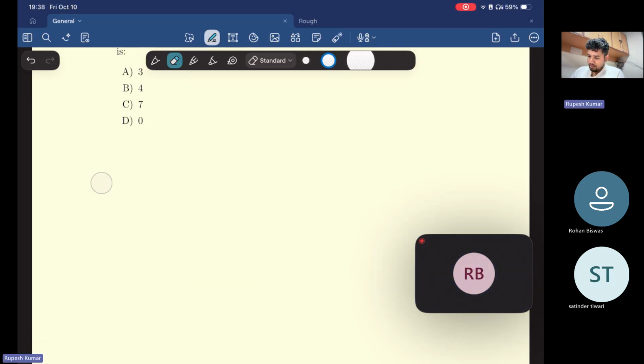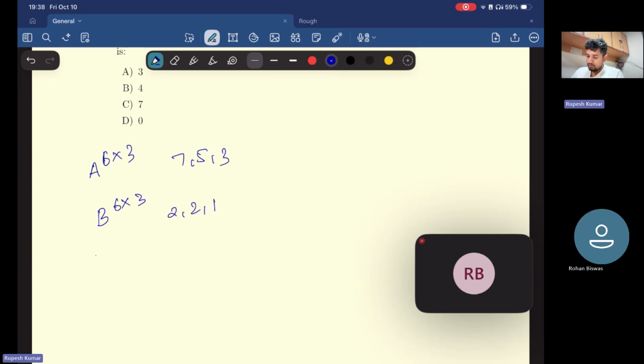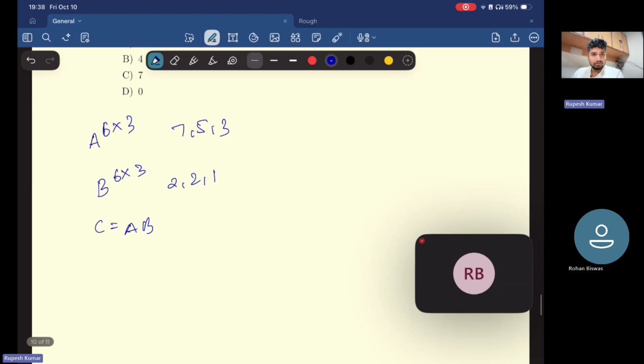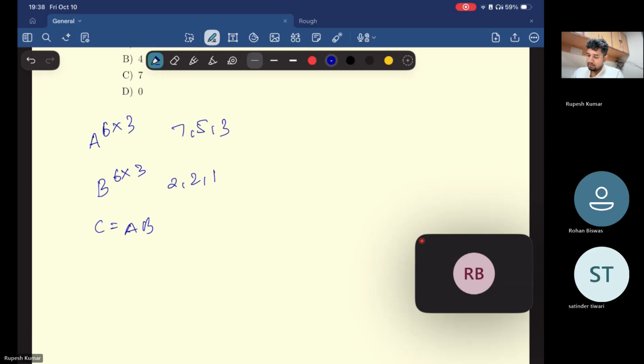You have a 6 cross 3 matrix with singular values 7, 5, 3, B is 6 cross 3 with 2, 2, 1, and C is equal to A into B. Suppose we have first SVD, C equals U sigma V transpose.